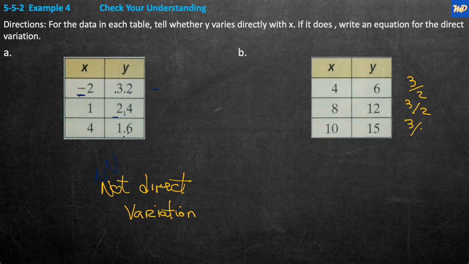You get 3 halves. All these constants are the same. It is definitely, yes, it is a direct variation. And guess what? What is that? It's y is equal to 3 halves x.